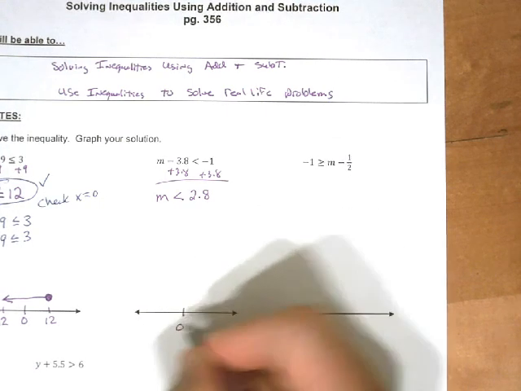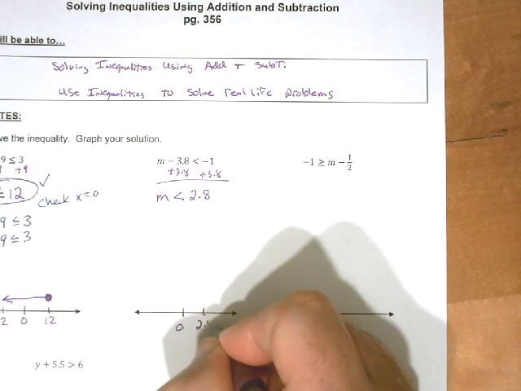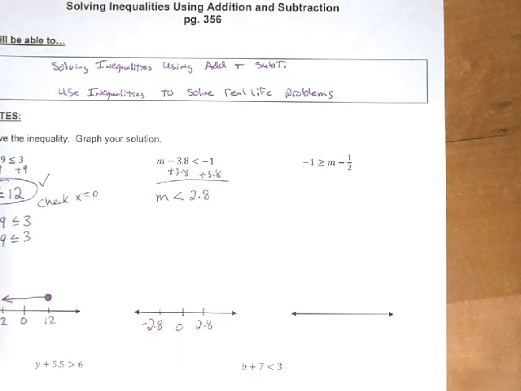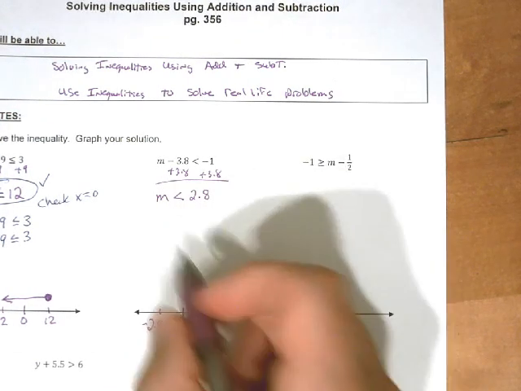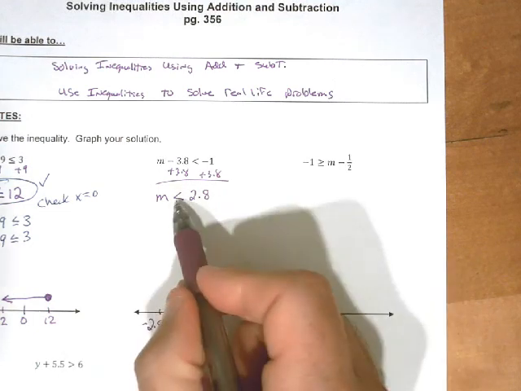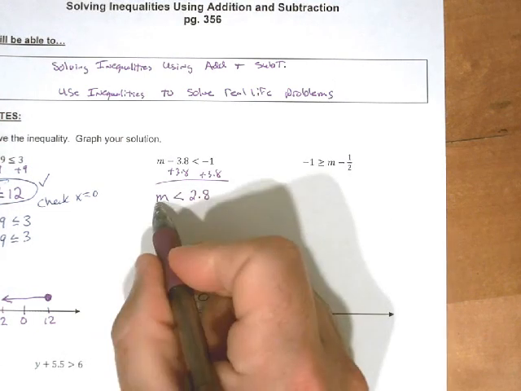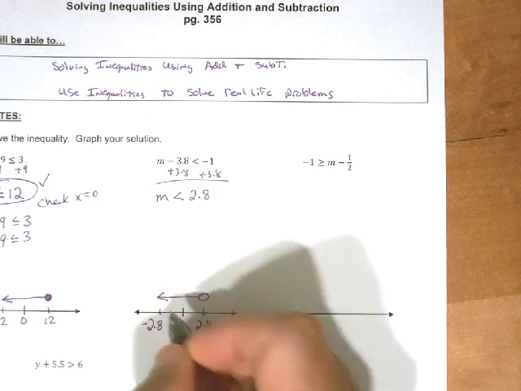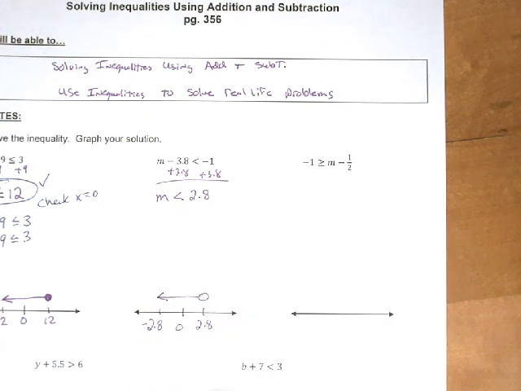And again, you might jump down to the graph: 0, 2.8, and a minus 2.8. We're at 2.8. It's an open circle. And the arrowhead tells me, as long as my variable is first, we're going to go to the left. The same arrowhead.